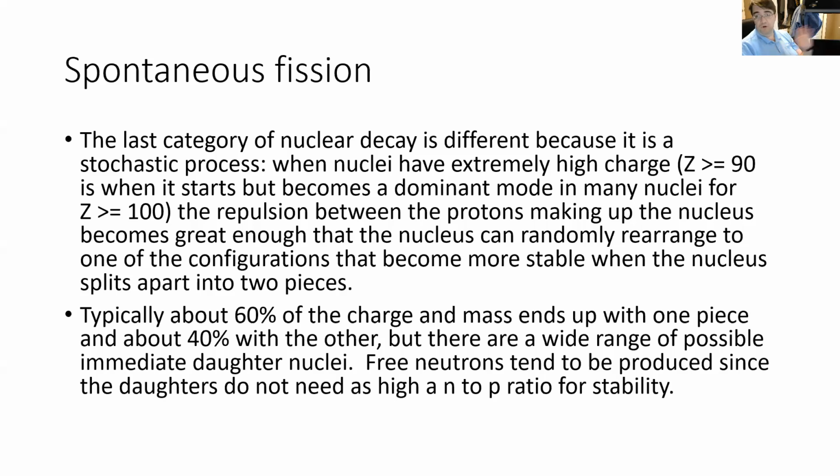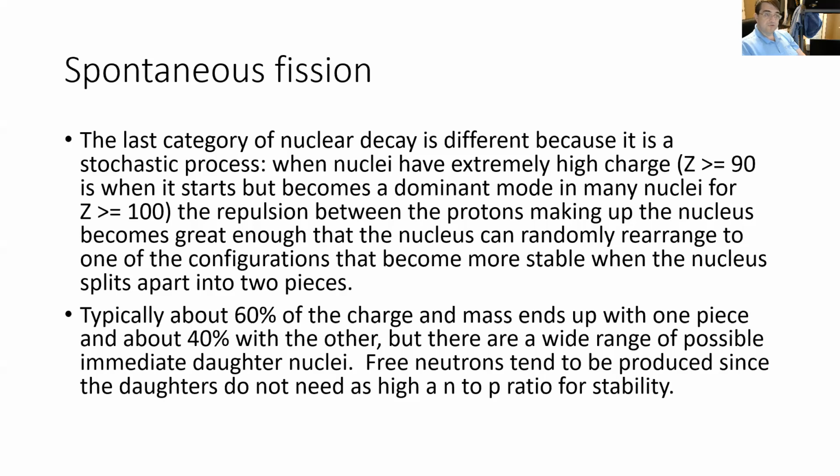It can be more, it can be less. And roughly 40% will be the other one. That's just by the random way it comes apart. It's unlikely to be symmetric because it's just random wiggling, and it's easier to pinch off something a little bit smaller. So that's why you end up with about 40, 60.